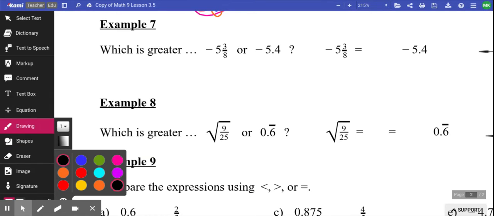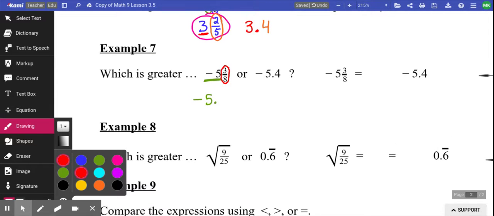If we look at example number 7, if I'm comparing these, it's probably easier to go to a decimal. This means -5 point. The fraction beside it is going to be the decimal that comes after. 3/8 is not an easy one to convert. If you remember from Wednesday, we said 3/8 is the same thing as saying 2/8 plus 1/8.